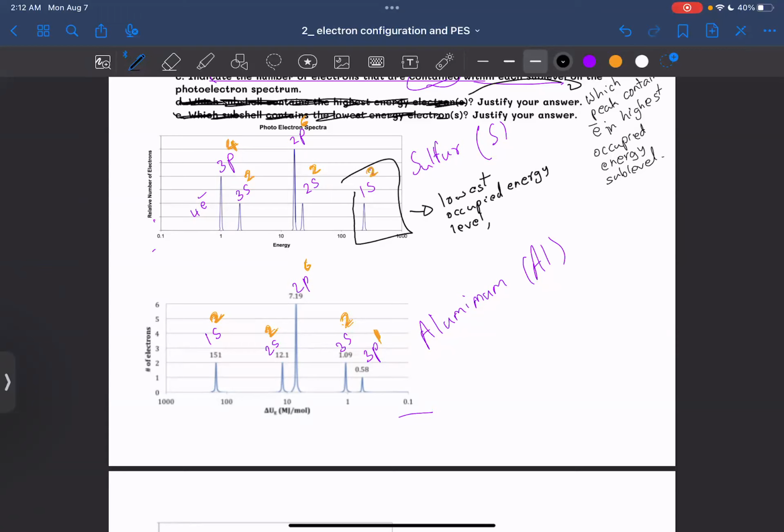How do we know? Largest energy. I would say binding energy, right?